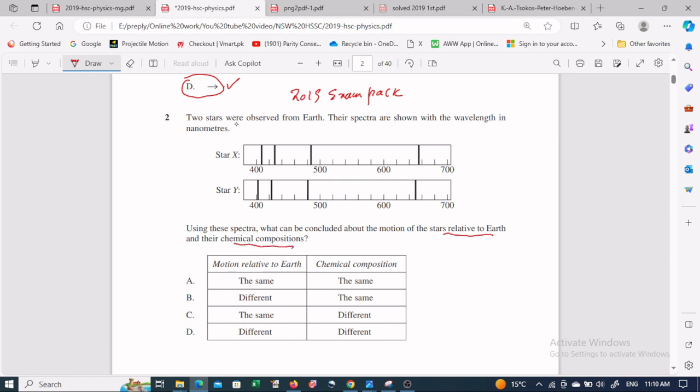So there are two types of motion. One is the red shift and the other one is the blue shift. In this case, we see that star Y has its wavelength shifted towards the shorter wavelength. So if there is a shorter wavelength, it means there is greater frequency.